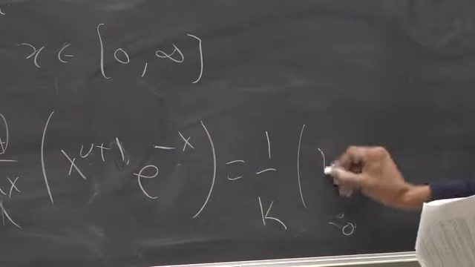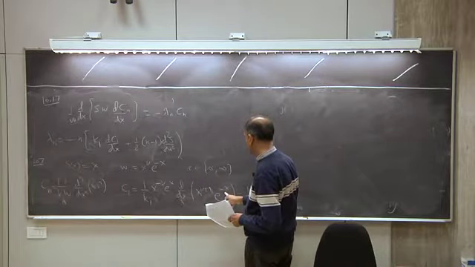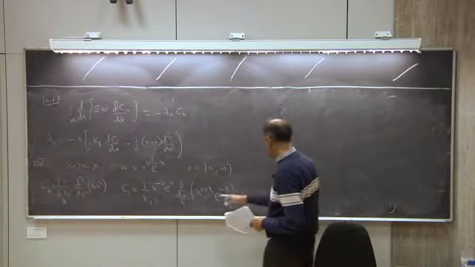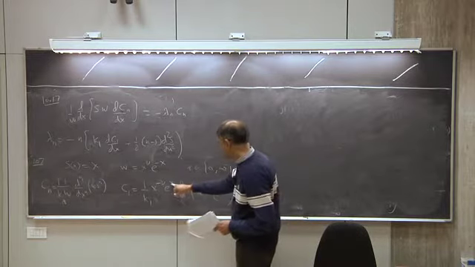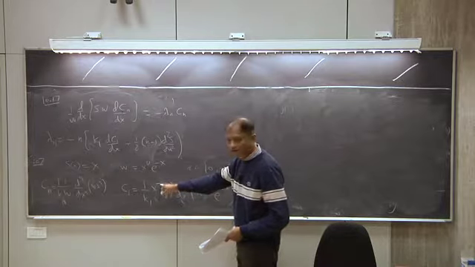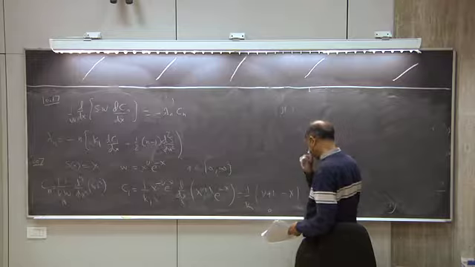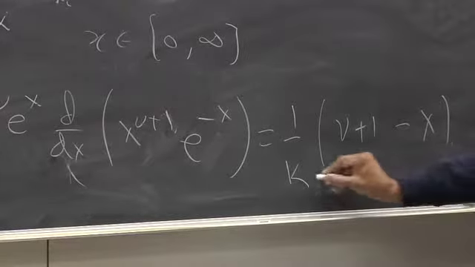So there's one term which is simply nu plus 1. In the other term, the d by dx hits e to the minus x, so you just get minus. The e to the minus x cancels, and x to the nu plus 1 cancels the x to the minus nu, but there is still one x left over.